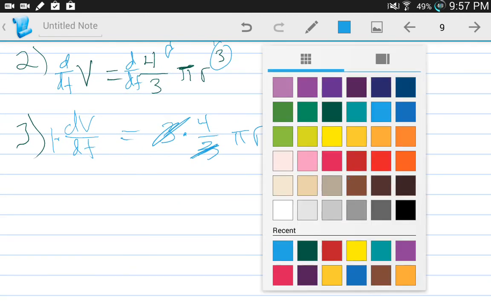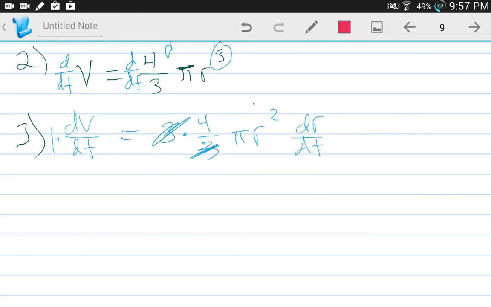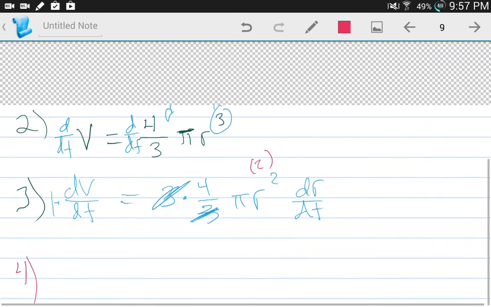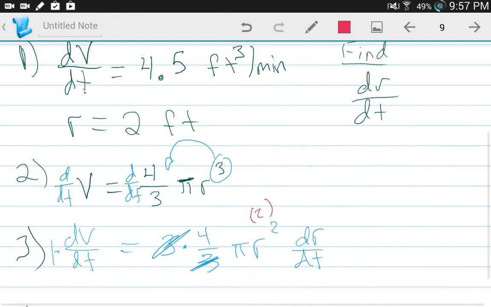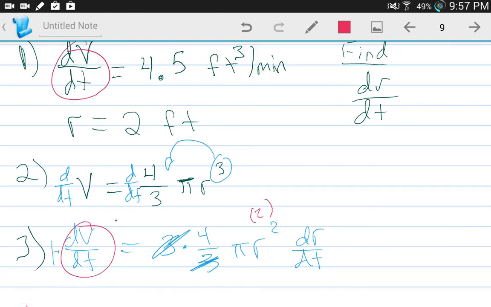So step 4, right, this was 2 and that was 4.5. So step 4, dV over dt equals, oh, you know what, this wasn't 4.5, sorry, the change in the volume, right? So make sure we're plugging it in for the right thing. dV over dt is 4.5.